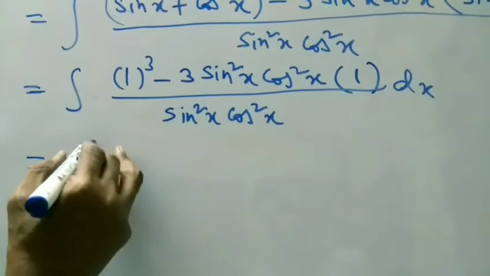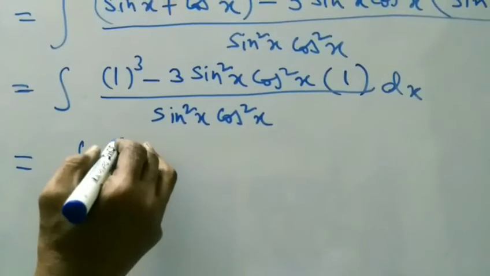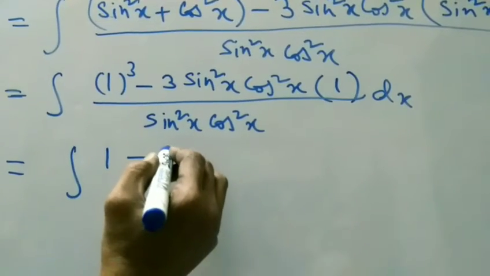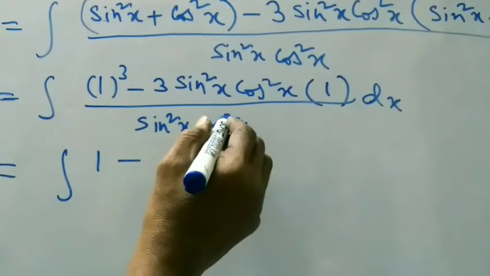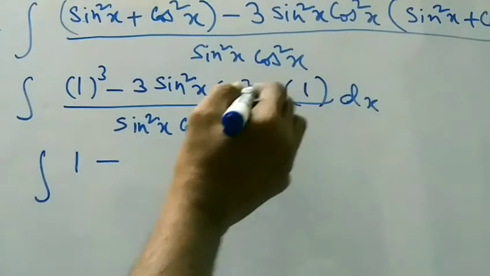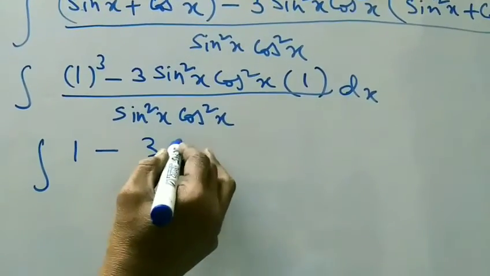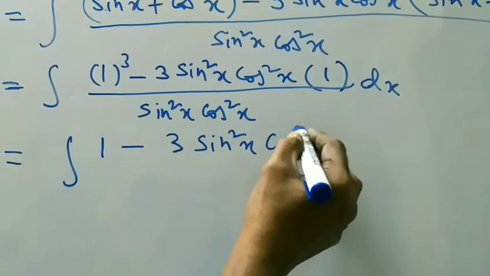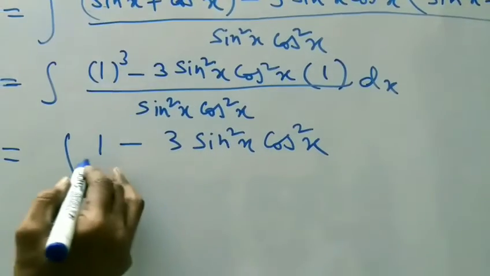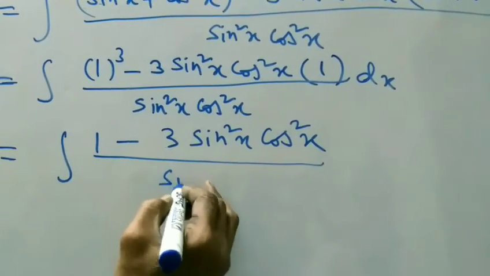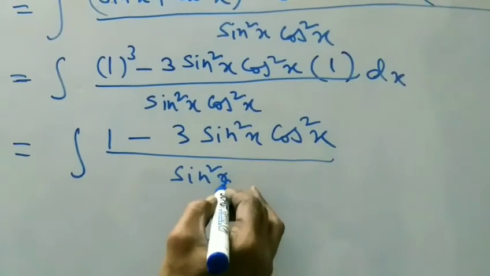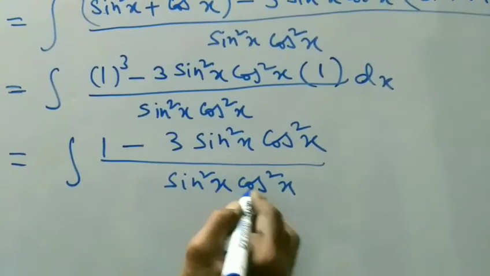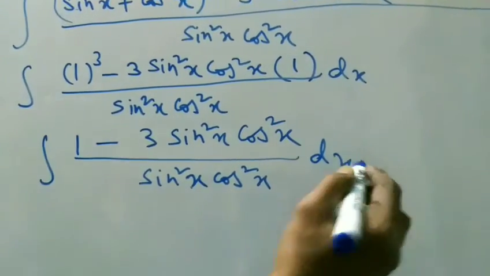One cube is equal to 1. So 1 minus 3 sin square x cos square x into 1 is equal to the integral of (1 minus 3 sin square x cos square x) by sin square x cos square x dx.